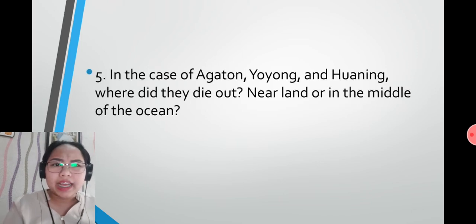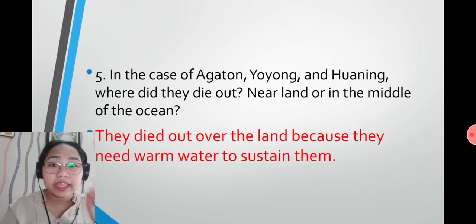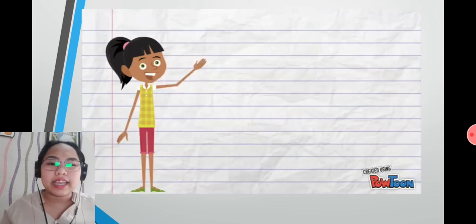In the case of Agaton, Yoyong, and Waning, where did they die out? Near land or in the middle of the ocean? What is your interpretation in question number 5? Yes, they died out over the land because they need warm water to sustain them. So very good answer.